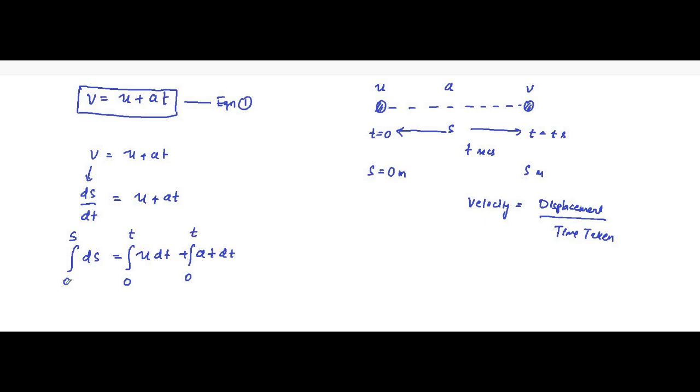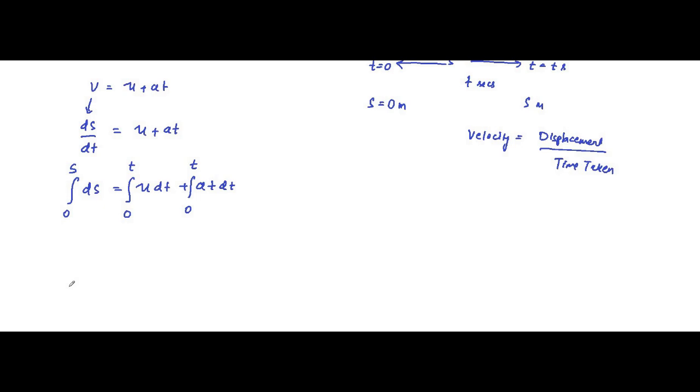So when we perform this definite integration, it becomes s from 0 equals u t from 0 plus, here acceleration is constant, so it will go outside, and it will simply be t dt.